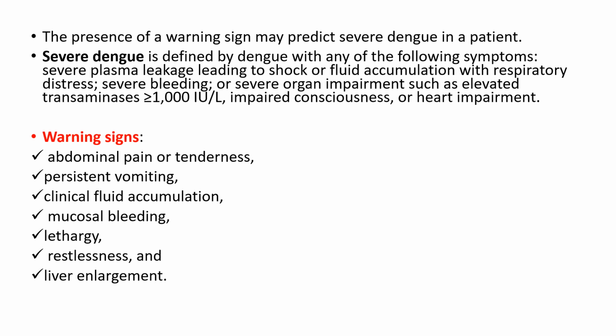And now coming to the second part of the question, what are the danger or warning signs? Well, it can be abdominal pain or tenderness, persistent vomiting, clinical fluid accumulation, mucosal bleeding, lethargy, restlessness, and liver enlargement.